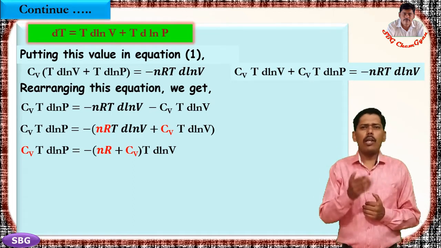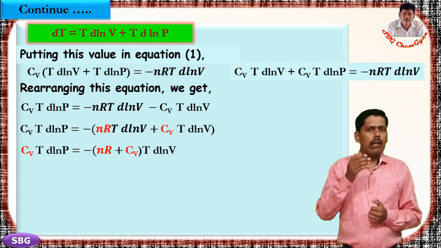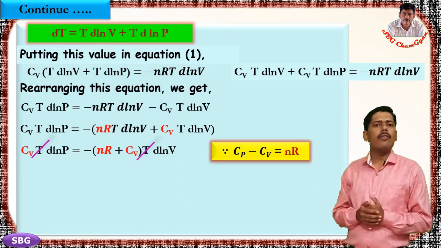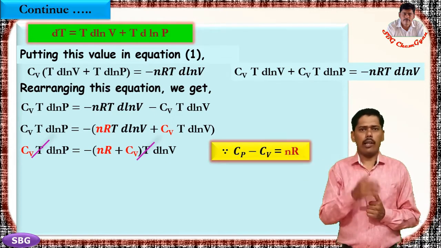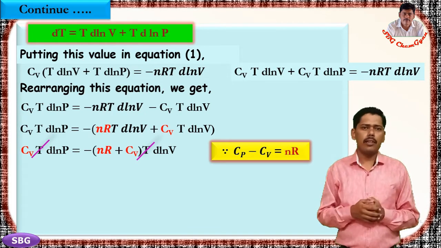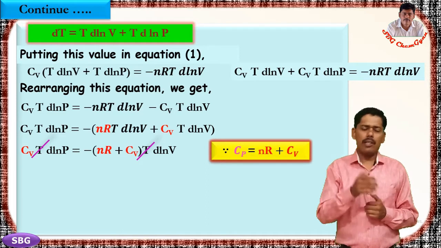Now we know the equation for the relationship between Cp and Cv is Cp minus Cv is equal to nR. Rearranging this equation, we get Cp is equal to Cv plus nR.